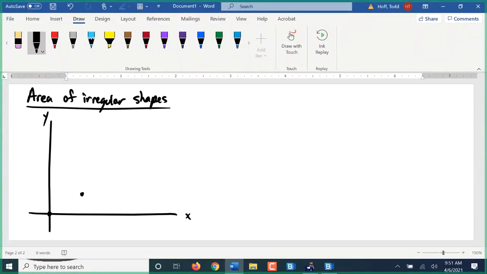One chain, remember, is 66 feet. So let's say that this first corner of the property is 4 chains. Now, four chains is 264 feet to the right in the X direction, and 2 chains, or 132 feet in the vertical direction, the Y direction.